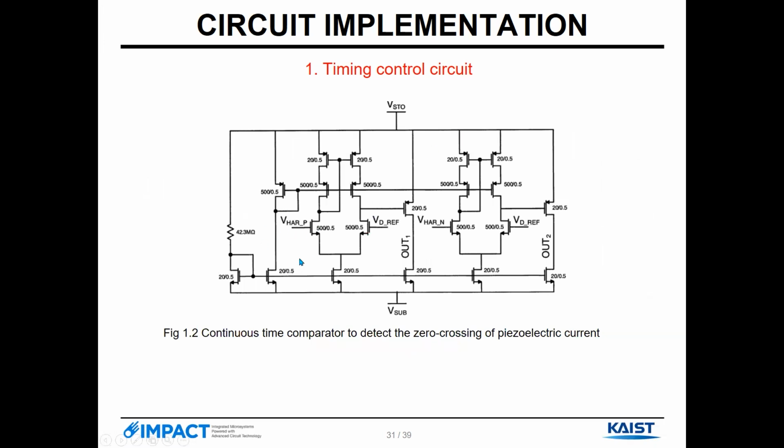Initially, we have VHP almost equal to Vrect plus VD, and VHN equal to minus VD. At that time, because VHP is more than Vdirect, the output one is 0, and because the voltage VHN is minus VD, it is less than Vdirect, so the output two is high.